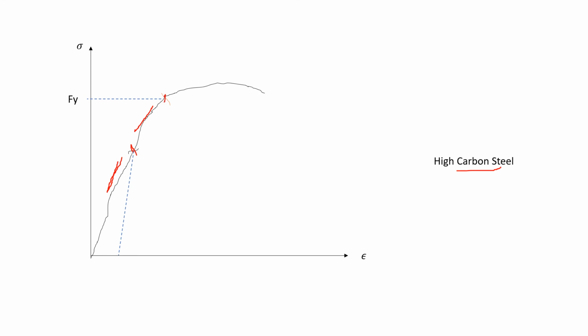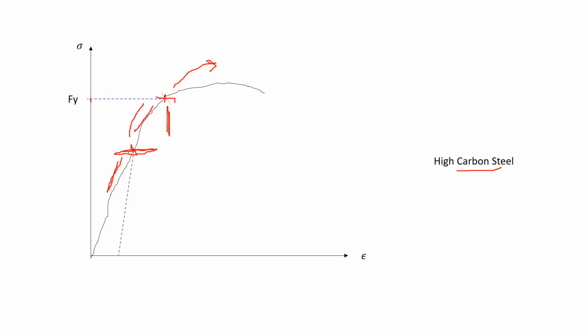For high carbon steel, Hooke's law is valid only up to the linear elastic zone, and from this zone Hooke's law is not valid because the graph produces non-linearity. At the end of the non-linearity, plasticity starts, so that's why we take the yield point here.